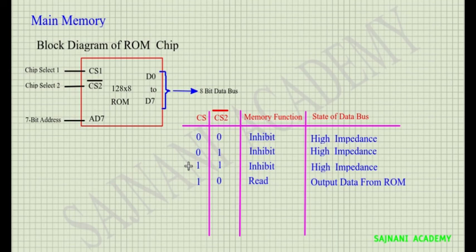That means this ROM IC is not selected. The ROM IC is selected only if chip select 1 is 1 and chip select 2 complement is 0. During this state, the memory function is read and the data will be outputted onto the data bus.